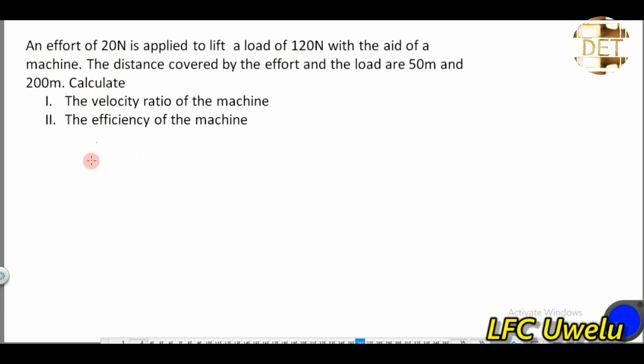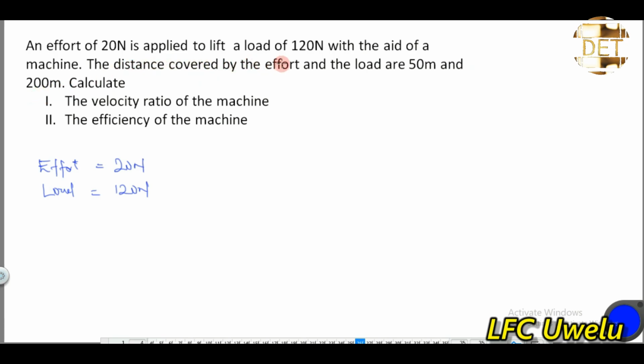So that tells you that the effort here is 20 Newton, and the load is 120 Newton, with the aid of a machine. The distance covered by the effort and the load are 50 meters and 200 meters respectively.